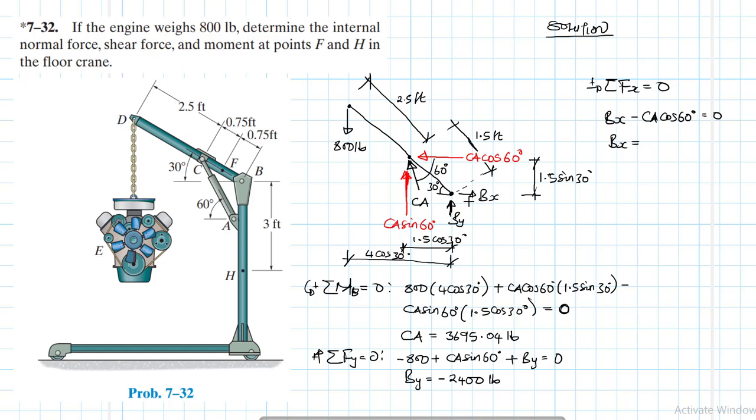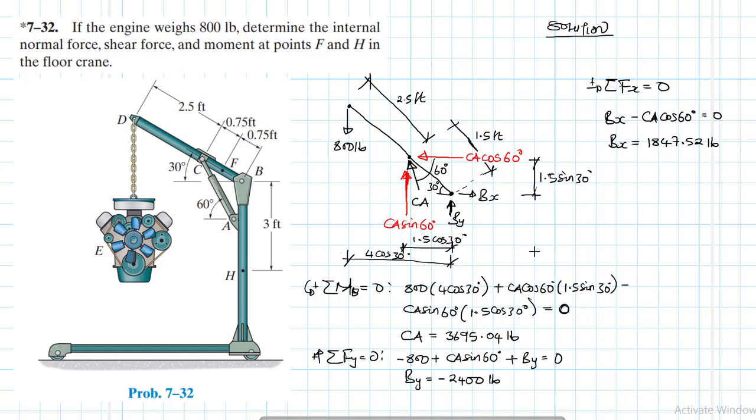So 3695.04 cos 60 gives us half, which is just 1847.52 pounds. So we found the support reaction, the forces at the joints as well as in the two force member.